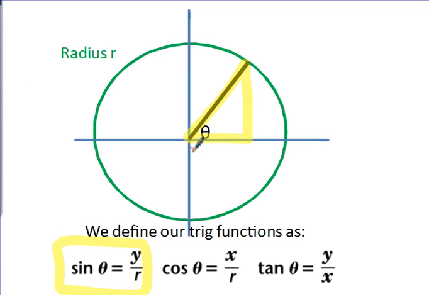And if sine is opposite over hypotenuse, the opposite side is just the y coordinate on the circumference of the circle, and the hypotenuse is just the radius of the circle, which is r. So this definition is still consistent with the SOHCAHTOA you will have learnt at GCSE. It's just we can adapt it a little bit further.